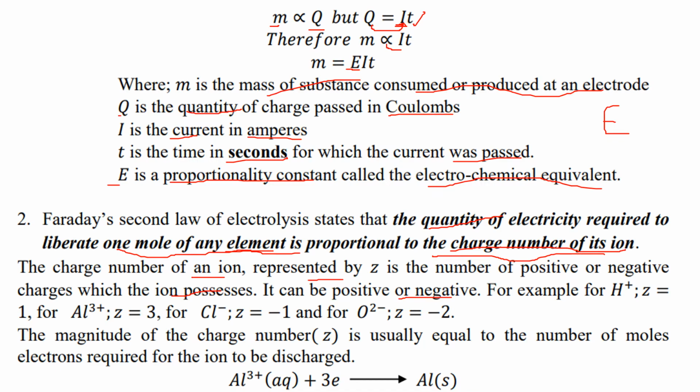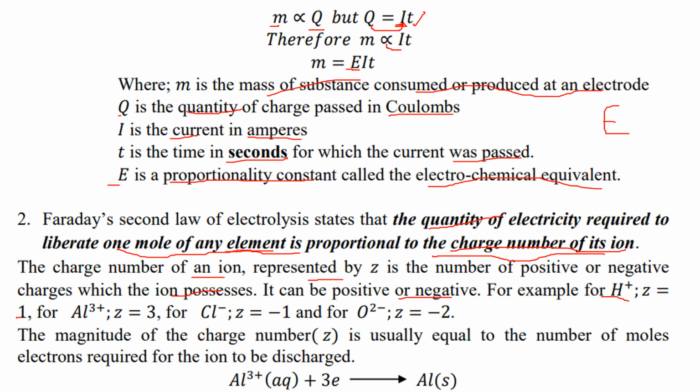For example, if you have a proton, remember that the proton is written as capital H, and the charge on it is +1, but we just write plus. So Z here is equal to 1, without carrying any charge, because it can either be positive or negative. So we simply don't carry the charges.